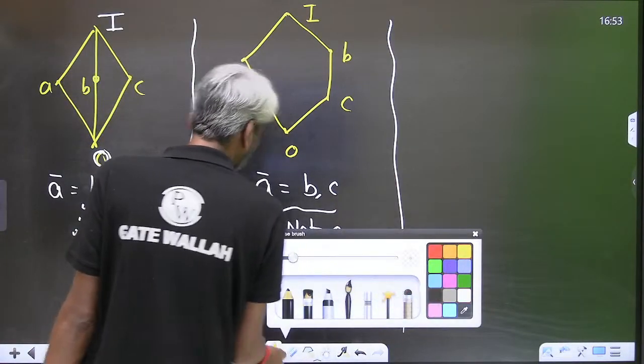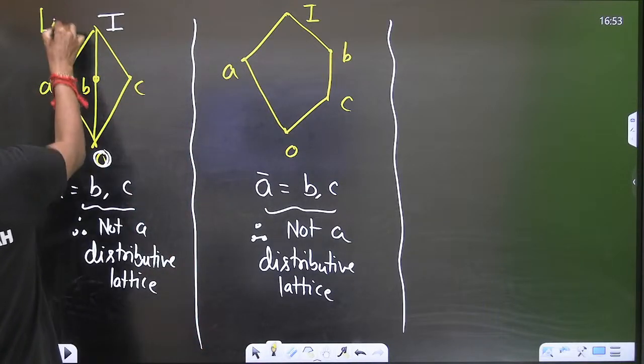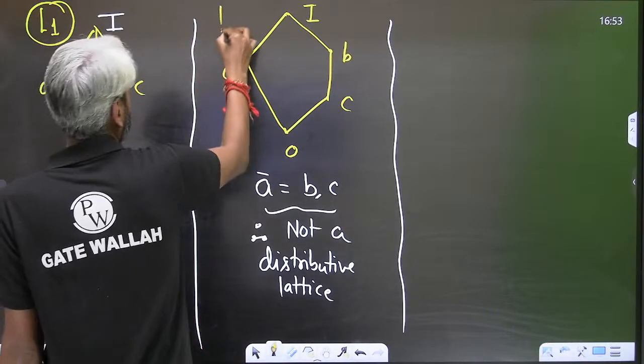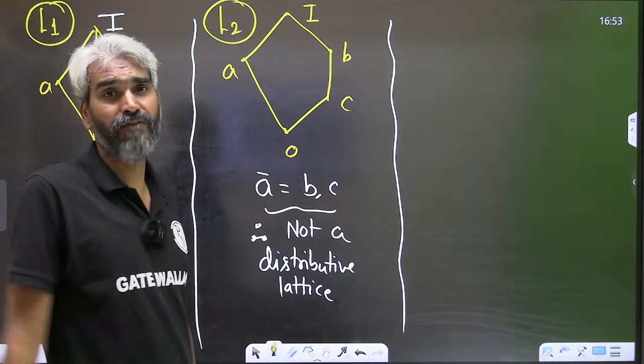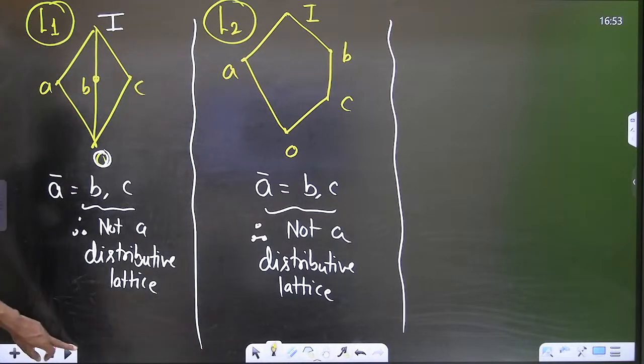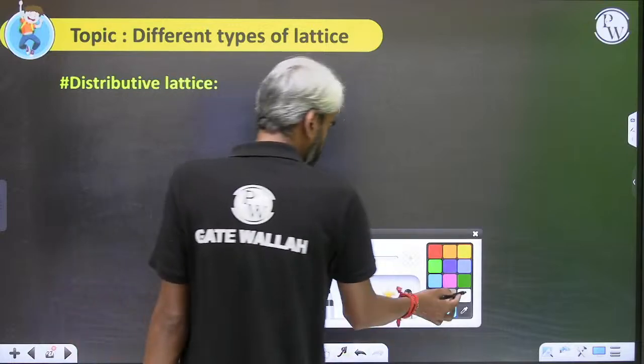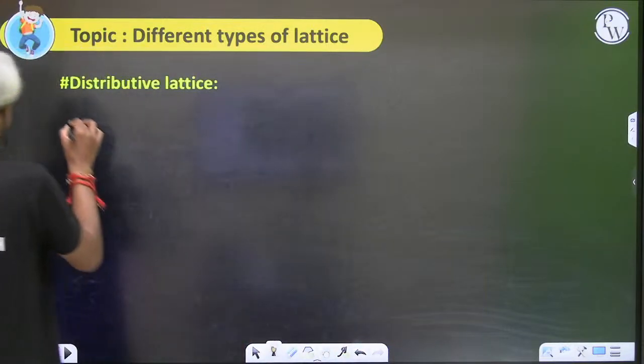Let me give them two names. This is, let's say, L1. This is, let's say, L2. These two are very important lattices with 5 elements. Go and note down certain points.